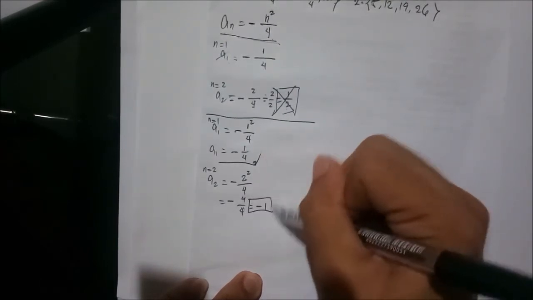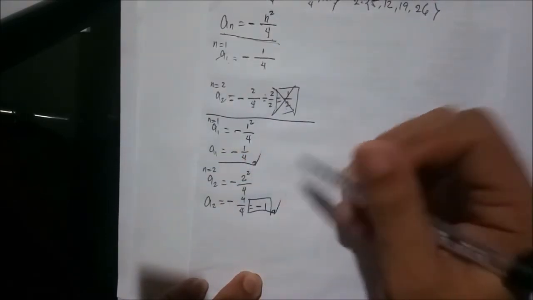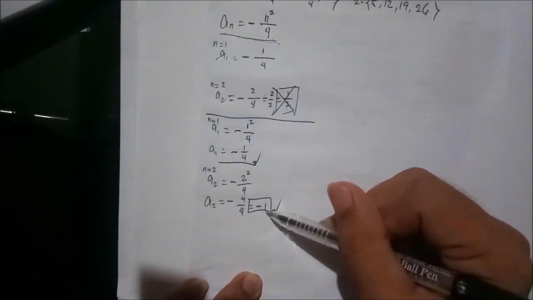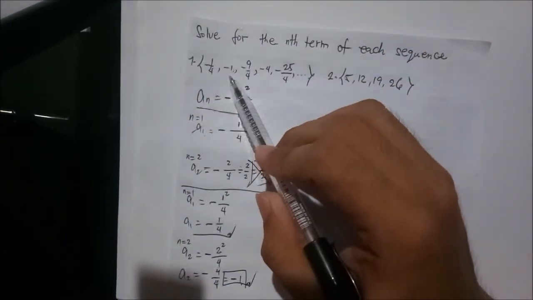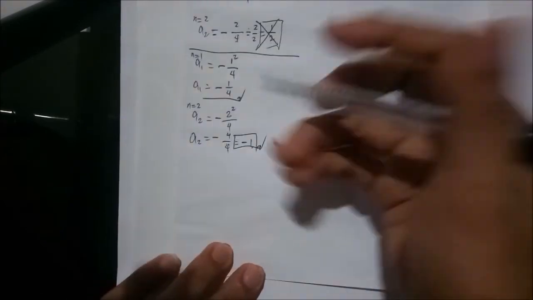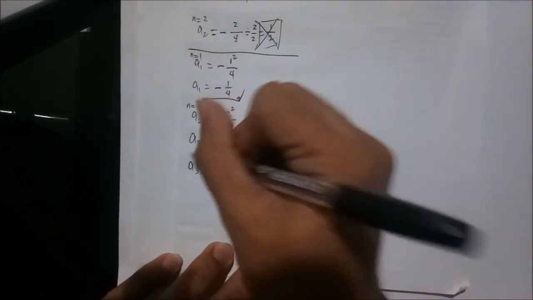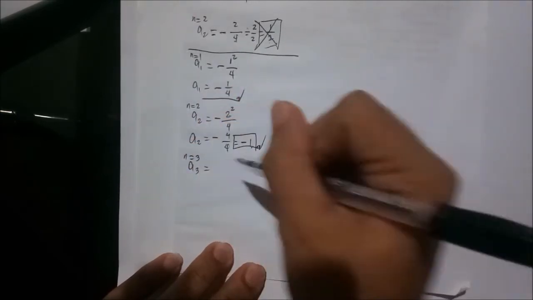So your a sub 2, or the second term, is negative 1. From the given, it is correct. It is negative 1.